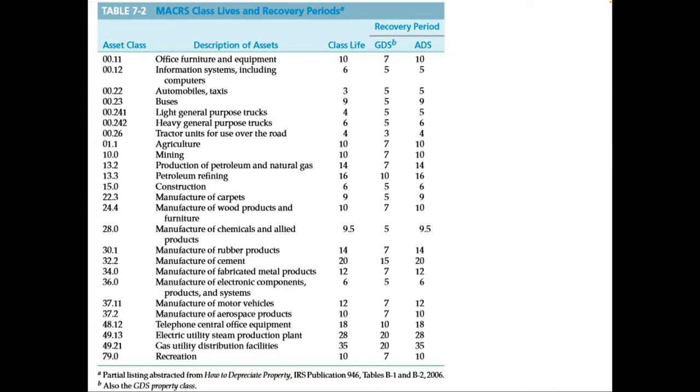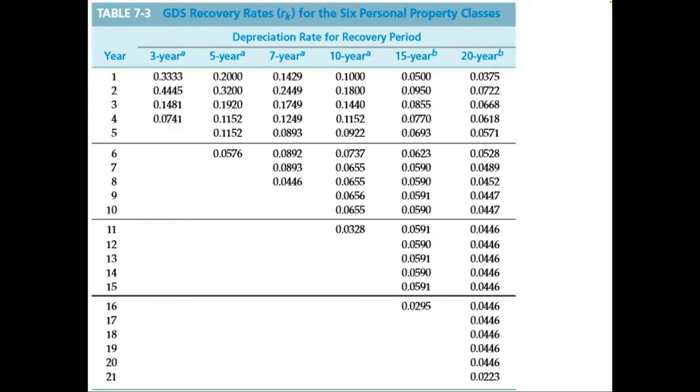So now the first thing is to check the class. So read through the description and you can find out that semiconductor is the manufacturer of electronic components, products and systems. And under that, your GDS column, you will have the 5, that is your recovery period, okay? And then go to this table and find out the column of 5 year.